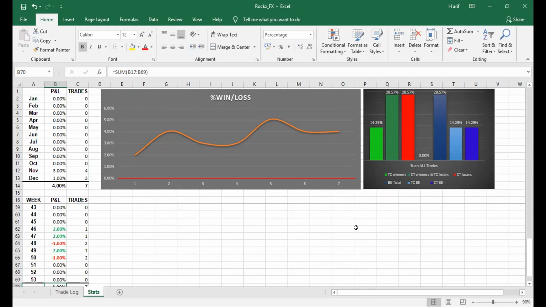What you'll be able to start to realize is, hopefully with the system that we're using, that your trend continuation percentage rate will be higher, or vice versa. You'll be able to start to decipher and find out what is actually working for you and what's not working for you, what's better, what's not better. And guess what? You can start focusing on those things, okay? So take this into account. Trend continuations is going to be what we're used to, and then counter trend is just going to be reversals, okay?